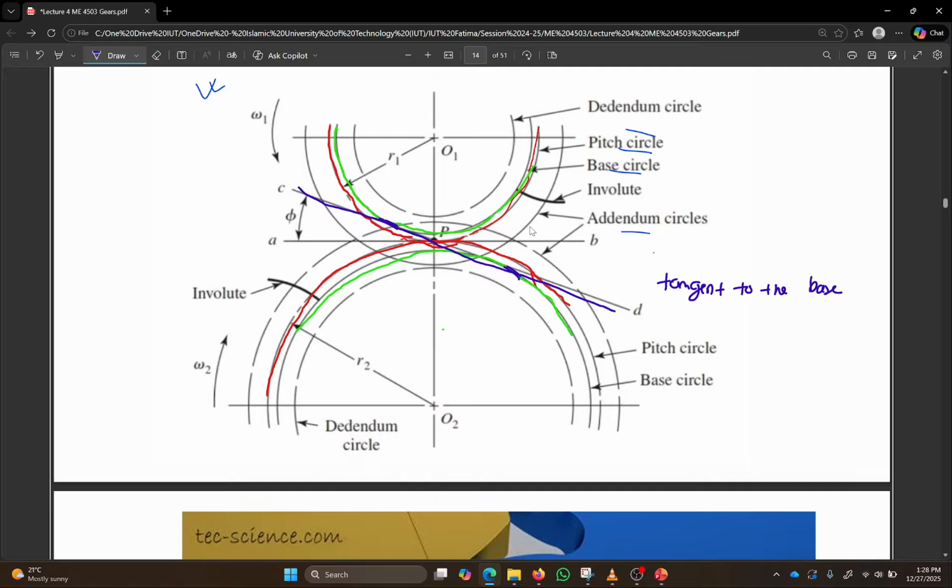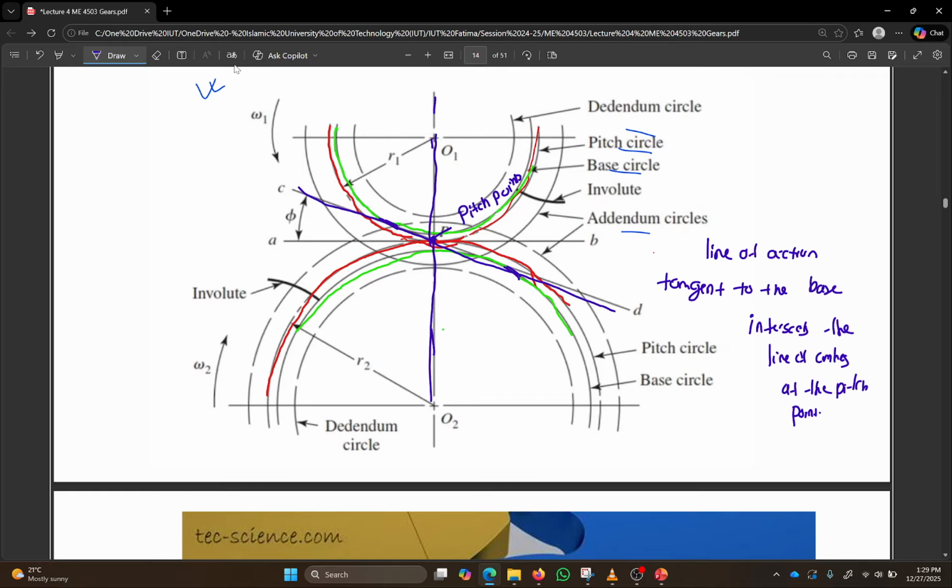So the line of action is a line that is tangent to the base circle and intersects the center line, the line of centers, at a point on the pitch circle called P. This is called the pitch point P.